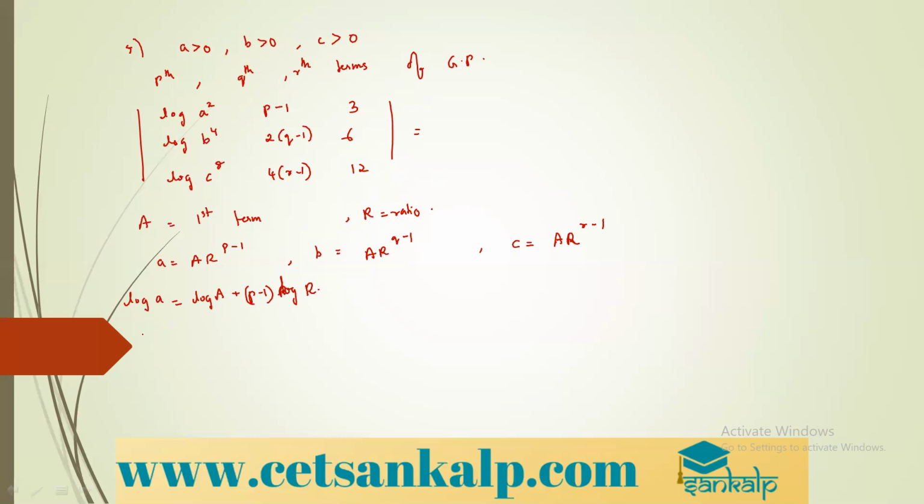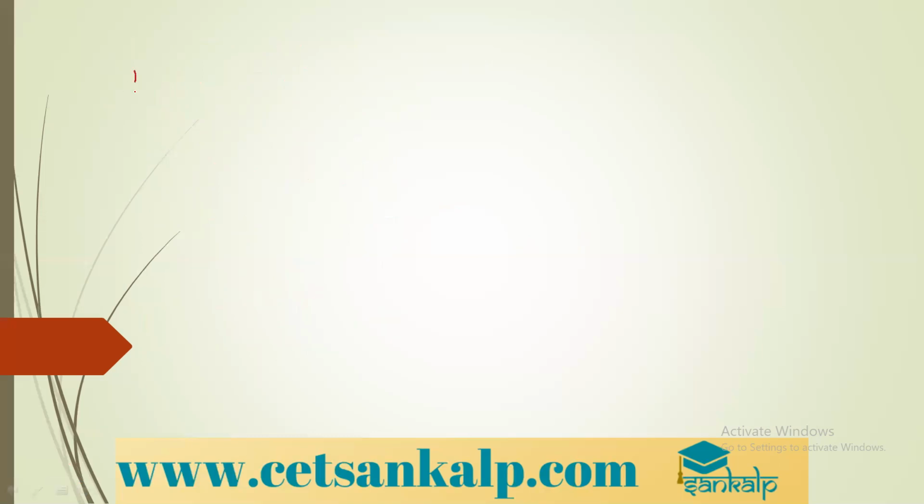So log a, I can write this. If it is log of a square, it will be 2 into log A plus P minus 1 log R. So this is what I got for log a square. Similarly, you can guess what I will get for log b power 4 and log c power 8. So now I can write the determinant.